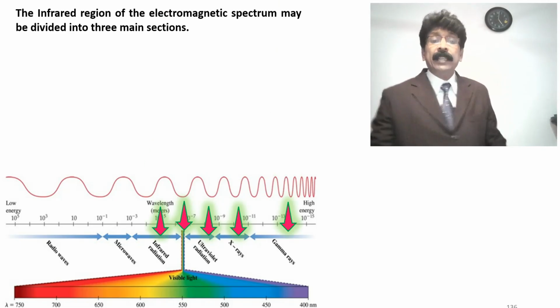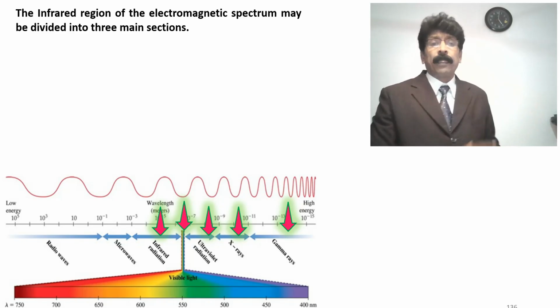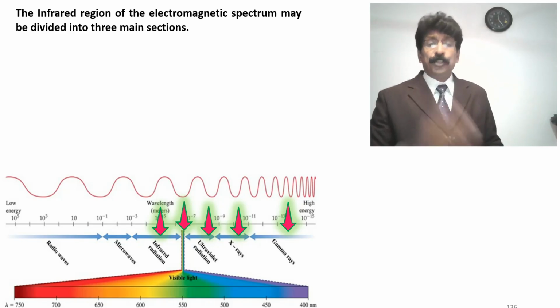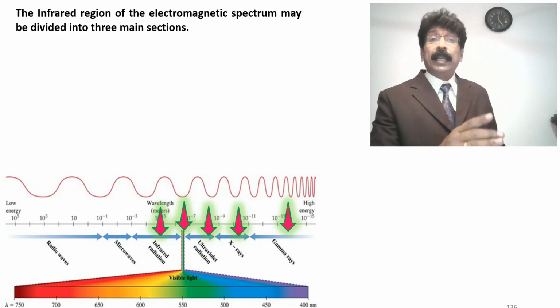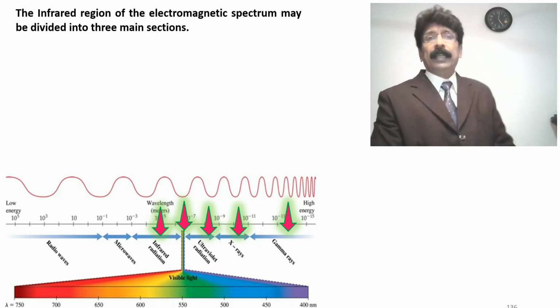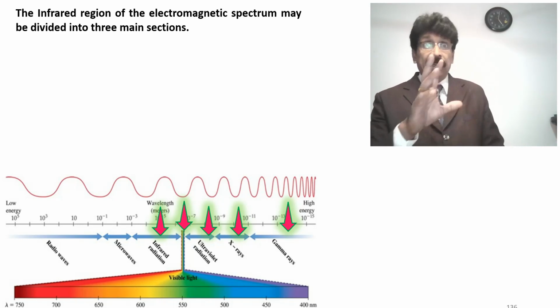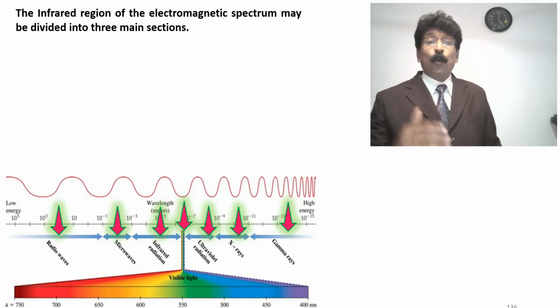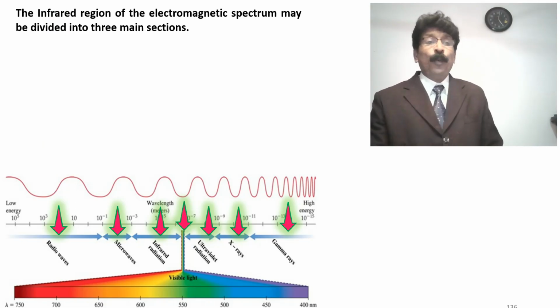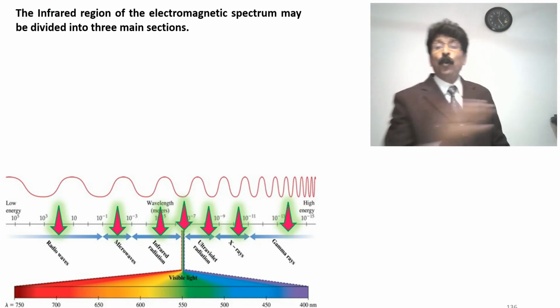Just below the visible, red, you will get immediately infrared radiation, and then comes microwave, and then comes radio waves in the lower energy levels.